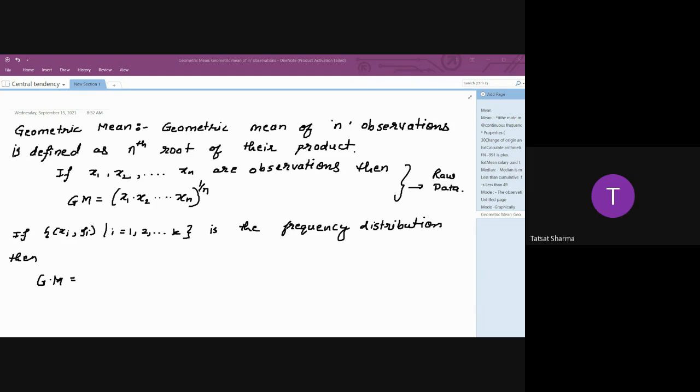Is it the xi fi root, under root of xi fi n times? Xi fi product. Yeah, like x1 f1 into x2 f2. Okay. Sir, it will be xi multiplied by itself fi times. So, how do you write it? x1, then x2, x3, x4, x5.